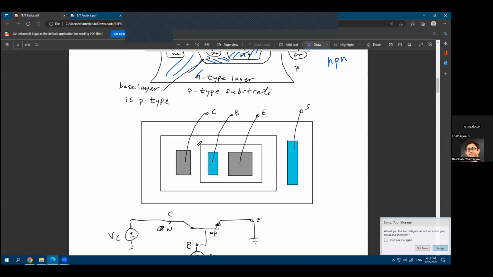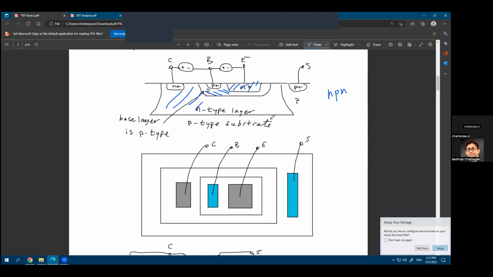If you look at the top view, you'll see these connectors coming out of the BJT. You'll have a collector, a base, an emitter, and the substrate connection to the BJT. Remember that in most semiconductor wafers, the substrate is P-type, and on that P-type substrate you create different P layers or N layers to create your overall structure.